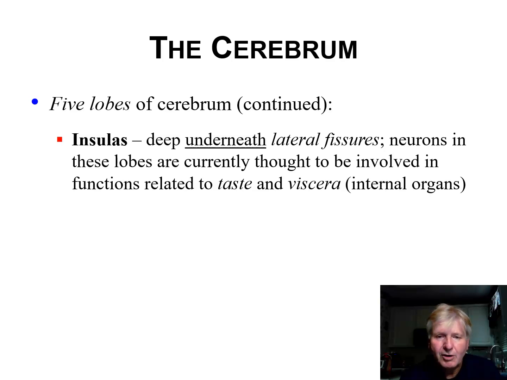So you have to retract the frontal, parietal, and temporal lobes to actually see the insula. These neurons are thought to be involved in functions related to both taste and your internal visceral organs, like when you have an upset stomach, GI upset, or chest pain, or heartburn.